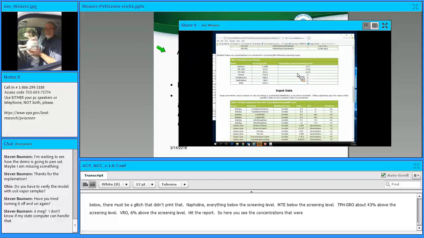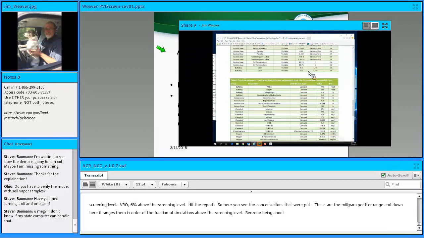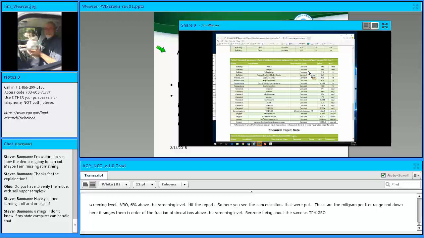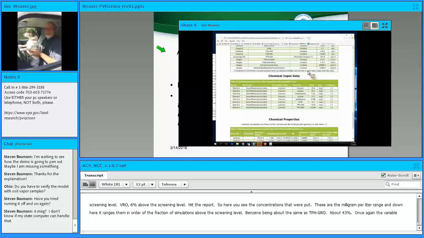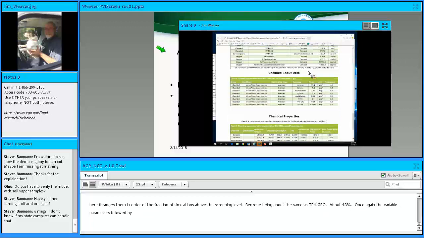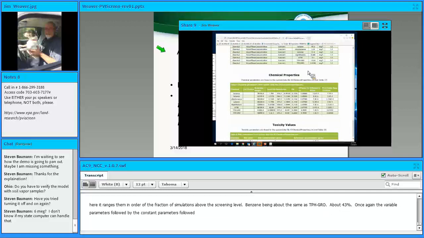And then down here, it ranks them in order of the fraction of simulations above the screening level. Benzene being about the same as TPH-GRO, about 43%. Once again, the variable parameters followed by the constant parameters followed by the chemical input and properties.